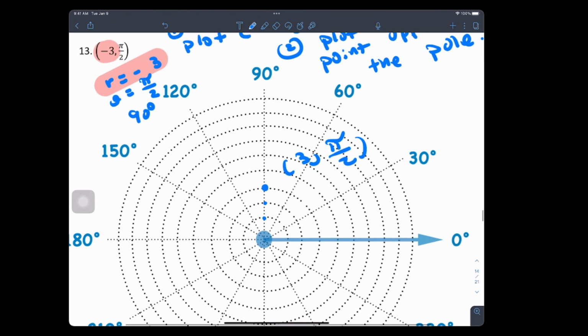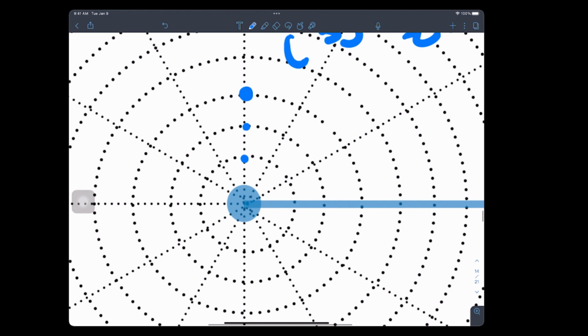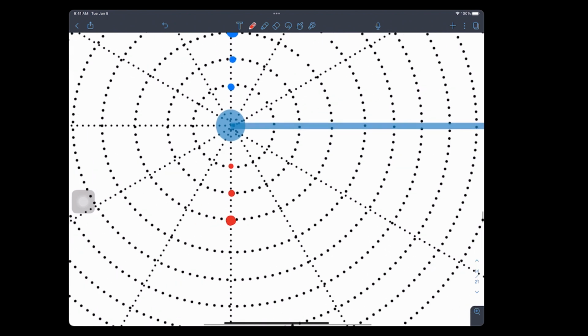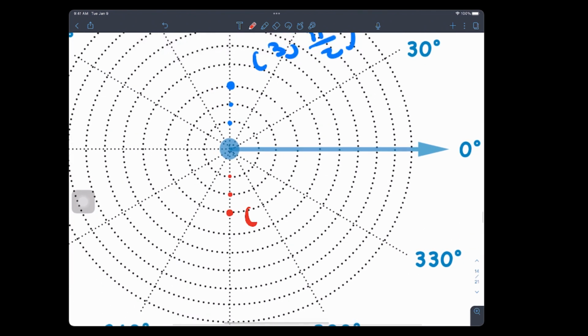So what is opposite the pole, ladies and gentlemen? It's over where? Over here. You go 1, 2, 3. So this is the location of negative 3, positive pi over 2.